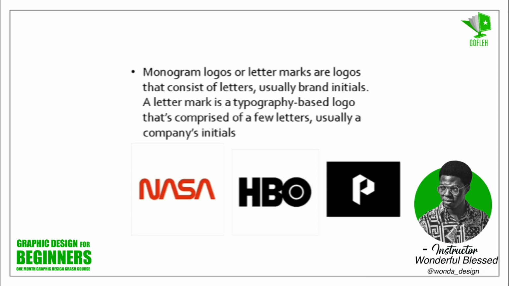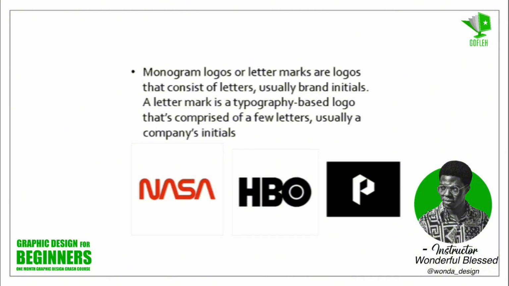See these examples now. NASA, for example: we know that NASA is a space agency. The name is long, so to do a logo, they had to use the initials, making it NASA. Same with HBO. Let's say the name of your company is Pineapple Hot Summer.